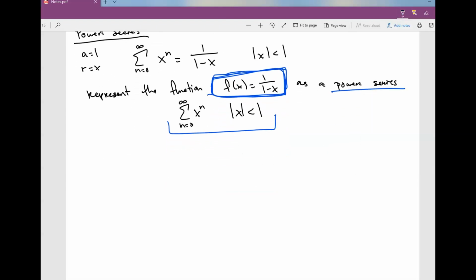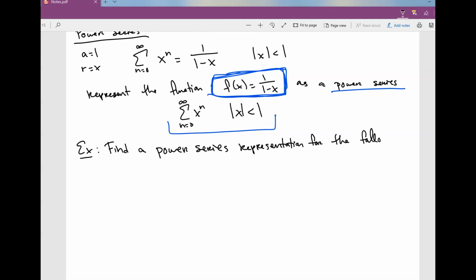Here's my example: find a power series representation for the following function and find the interval of convergence.